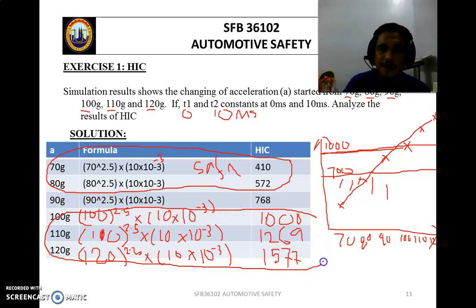For 100G, 110, and 120, this is unsafe, and this is marginal. We can improve the situation. How to improve? We need to improve the airbag and the seat belt. So this is about the HIC.